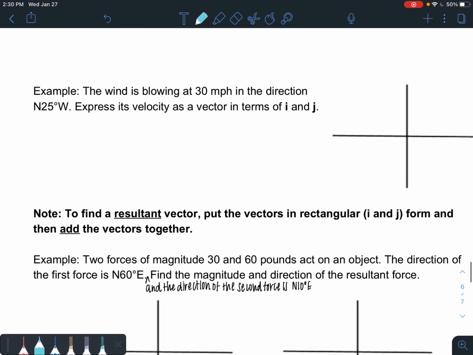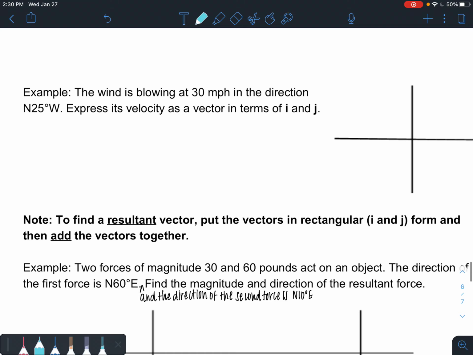Okay, let's do this example problem. The wind is blowing at 30 miles per hour in the direction of north 25 degrees west. Express its velocity as a vector in terms of i and j. The 30 miles per hour is our magnitude, how intense it is.